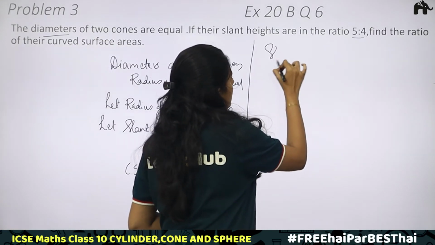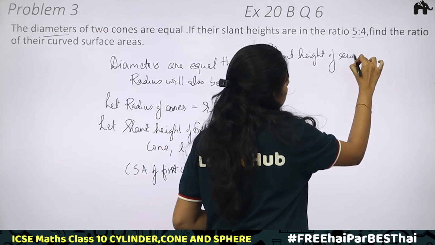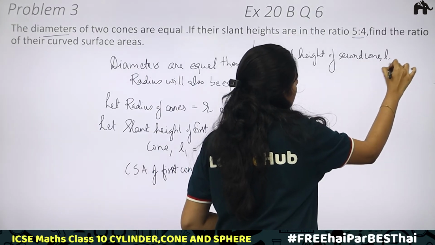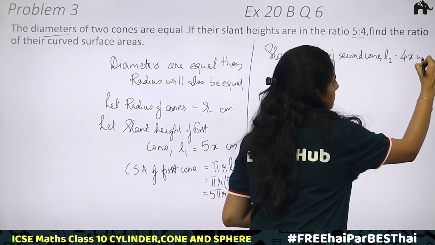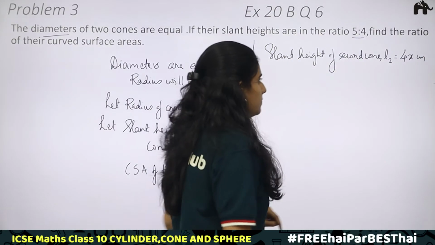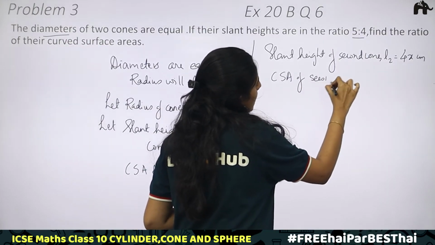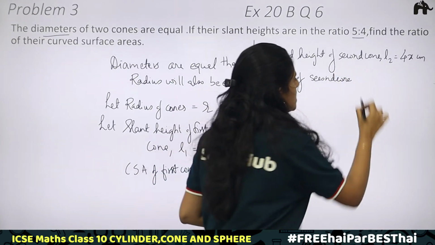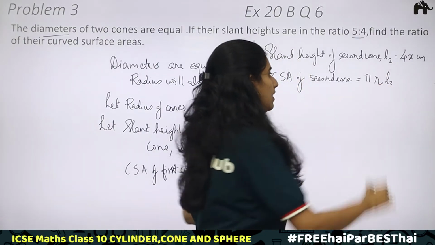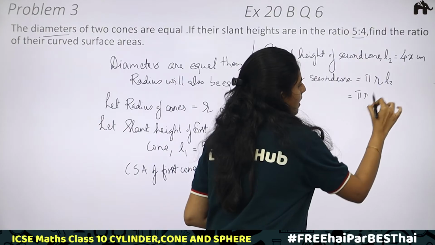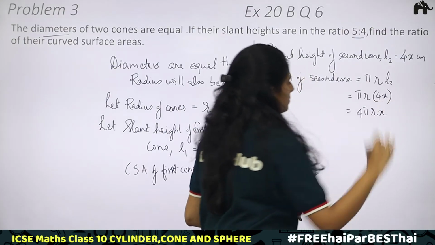Now, slant height of second cone L2. Ratio 5:4. So this will be 4x centimeter. Okay. Then curved surface area of second cone is equal to pi r L2, which is pi r into 4x or 4 pi r x.